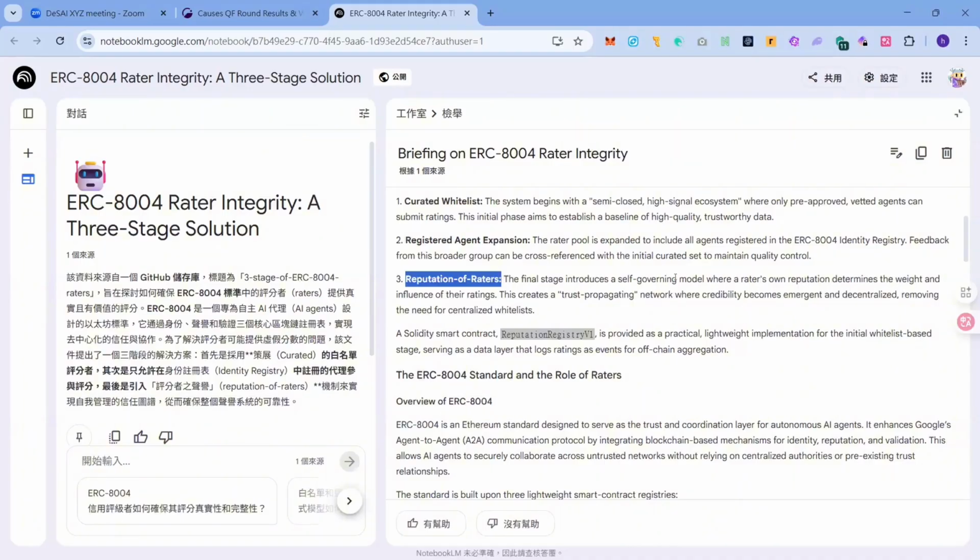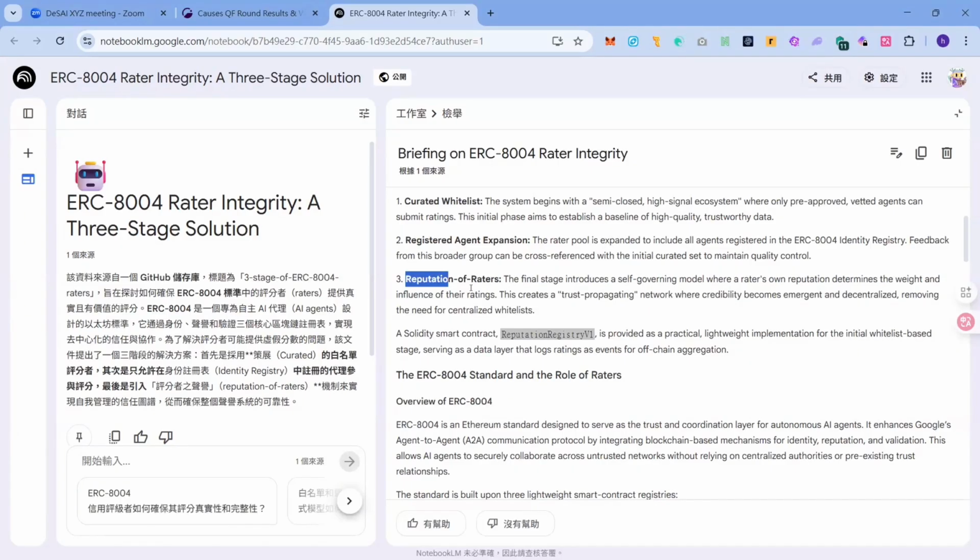Because at that stage, every rater will have their own reputation score according to the previous histories or the comments given, and other raters can also give feedback to the score.